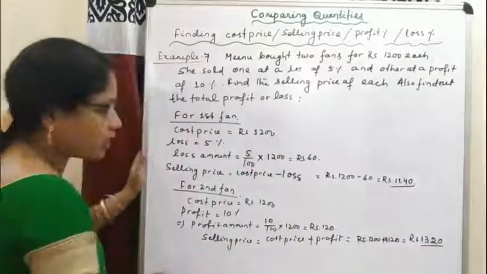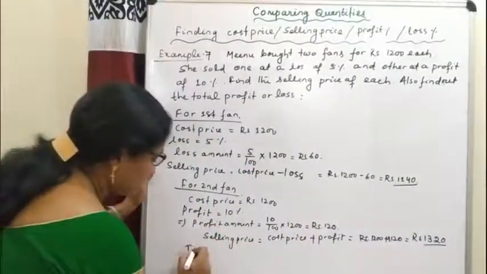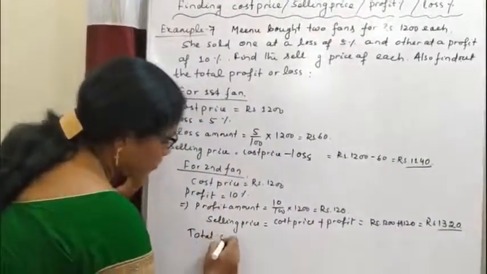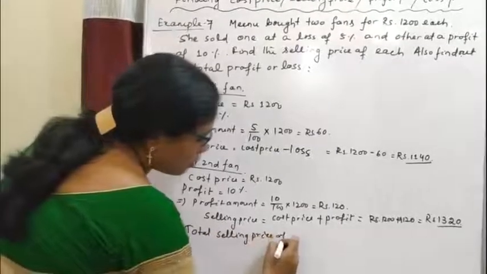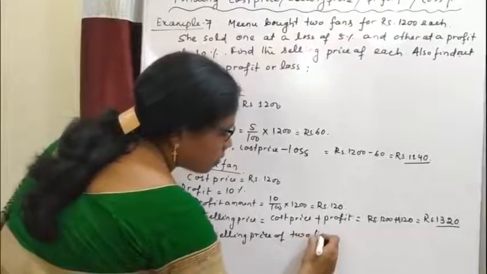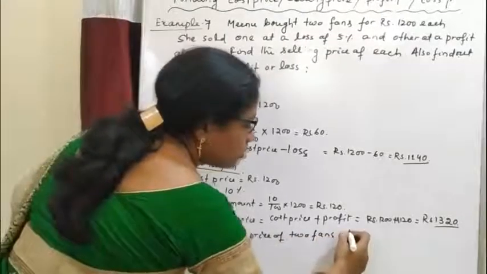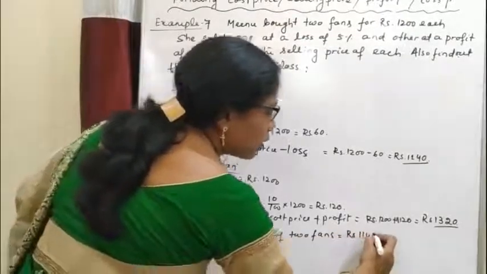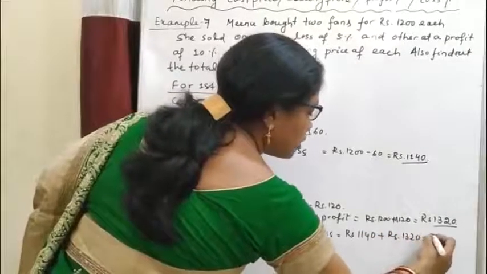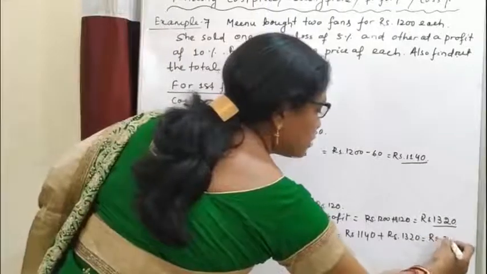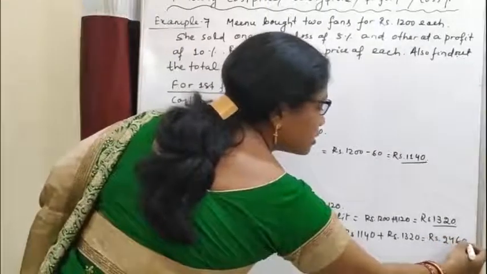So what is the total selling price of the two fans? It is equal to rupees 1140 plus rupees 1320, which is rupees 2460.